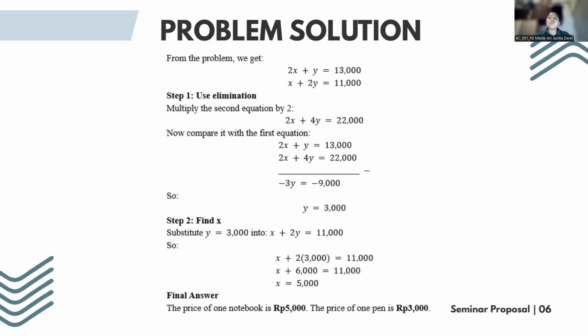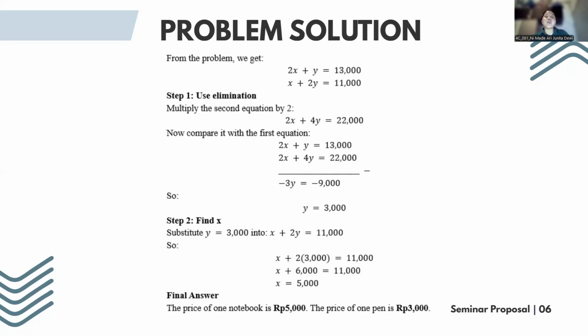And next, we find the value of x. Use the equation x plus 2y equals 11,000 rupiah. Substitute y with 3,000. So x plus 2 times 3,000 equals 11,000, and x plus 6,000 equals 11,000, and then x equals 5,000.